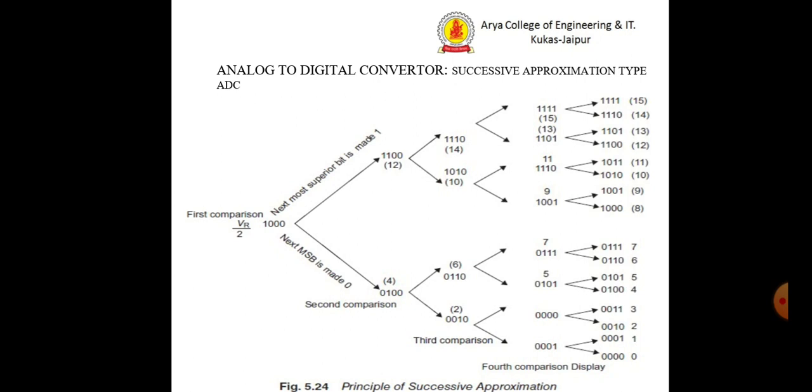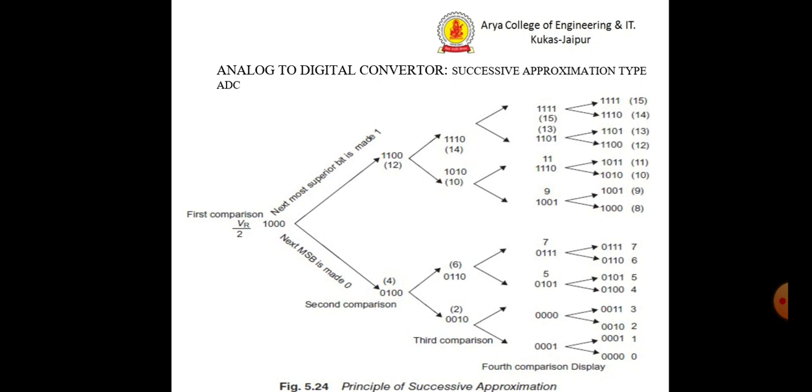If input is less, then it is changed to VR by 2 minus VR by 4. One more comparison is made and the voltage is changed depending on the result of comparison. This process is repeated till the desired accuracy is obtained.